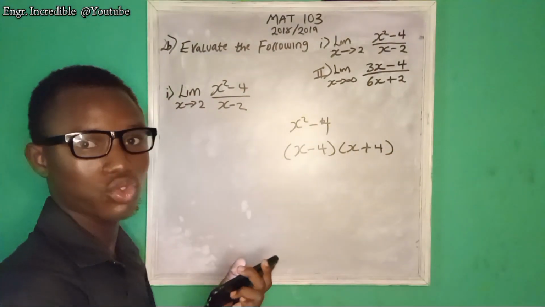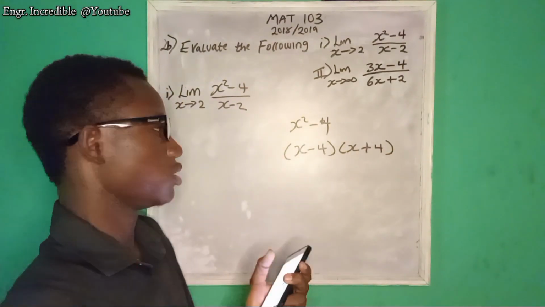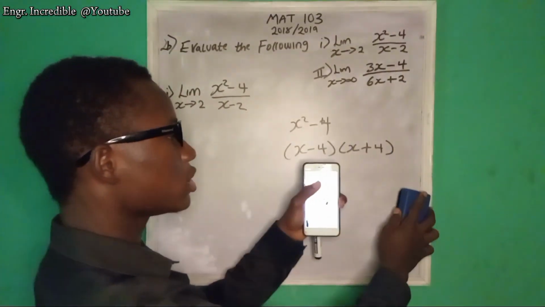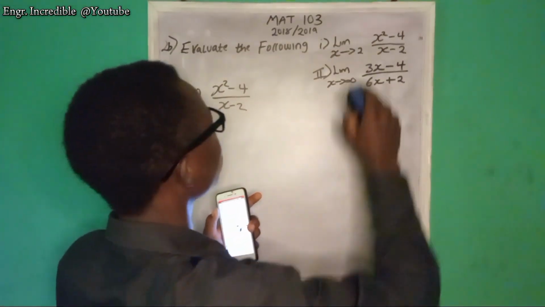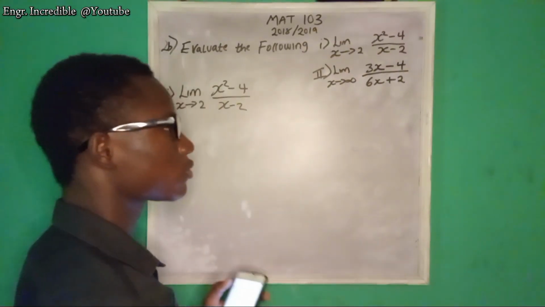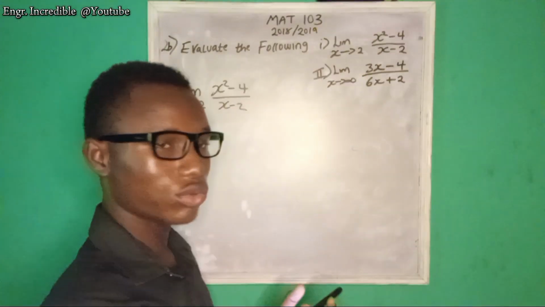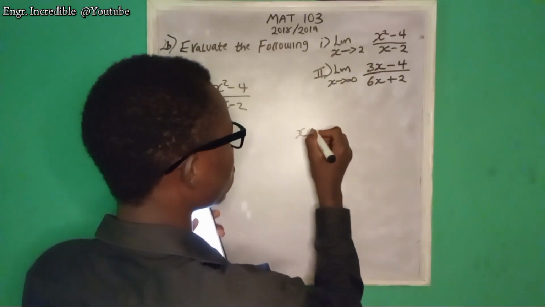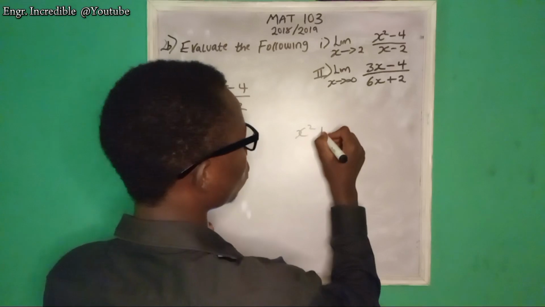If you are familiar with a little bit of quadratic equations, we can break it down into this form. If we break this down, we are going to have something like x squared plus 2.